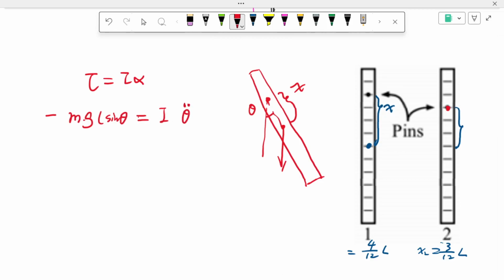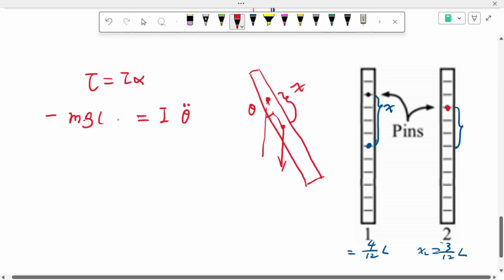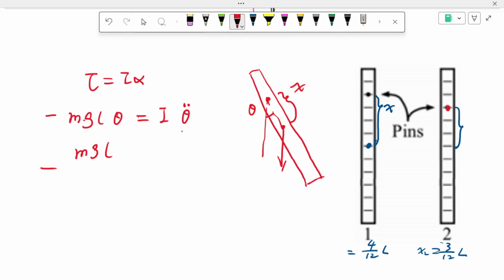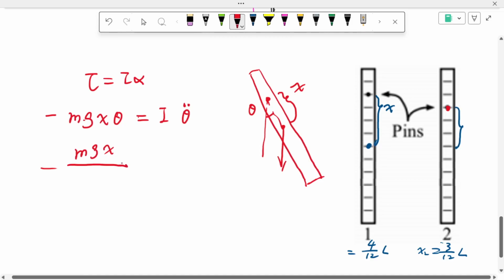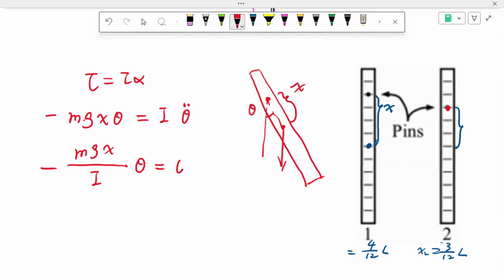And again, we use the small angle approximation. So what do we have? We have theta, right? Now the coefficient would become mg times, it's not L, sorry, it's x, right? My mistake, this is x, divided by the rotational inertia, theta equals this one.